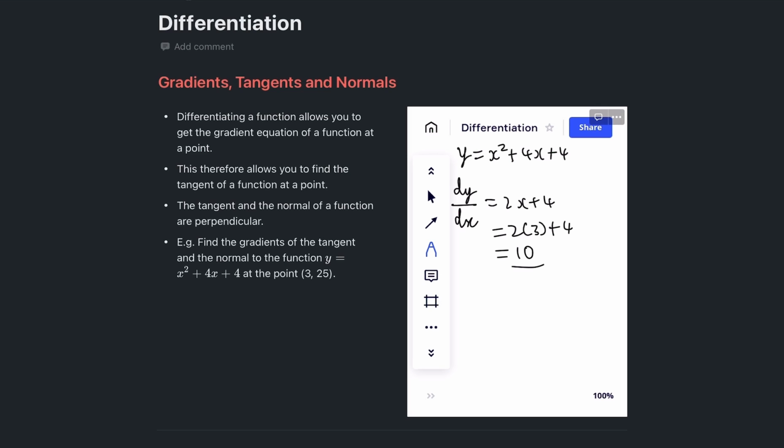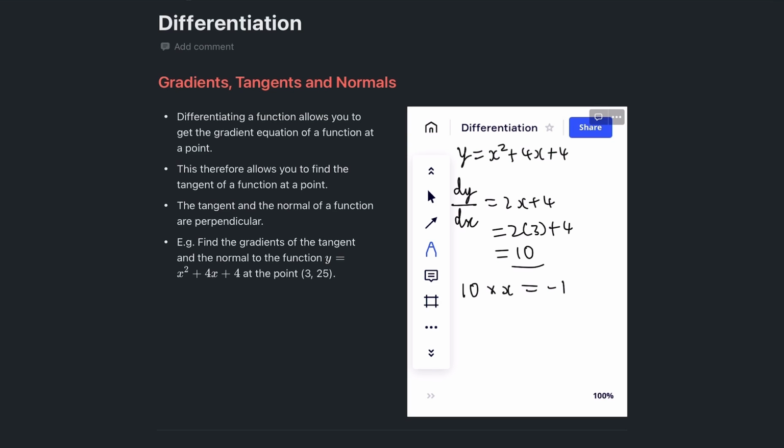And to find the gradient of the normal, as you know, the normal is perpendicular to the tangent, and you know that two perpendicular lines, when you multiply their gradients, should equal -1, right? So you have the gradient of the tangent, and then times x for the gradient of the normal, and both of them multiplied should equal -1.